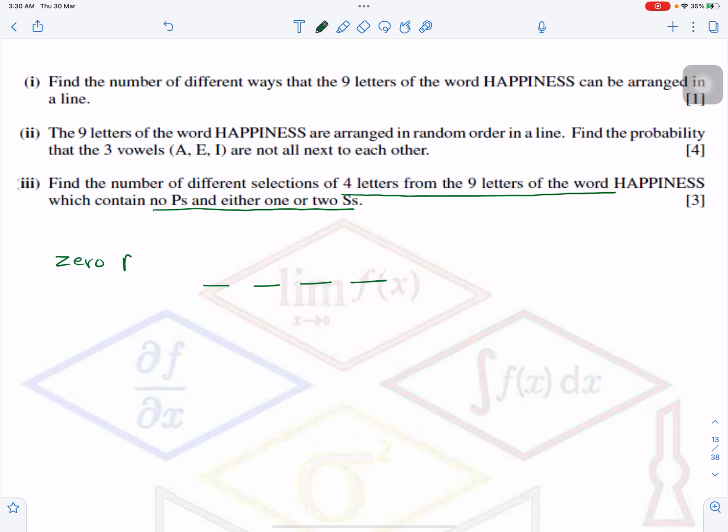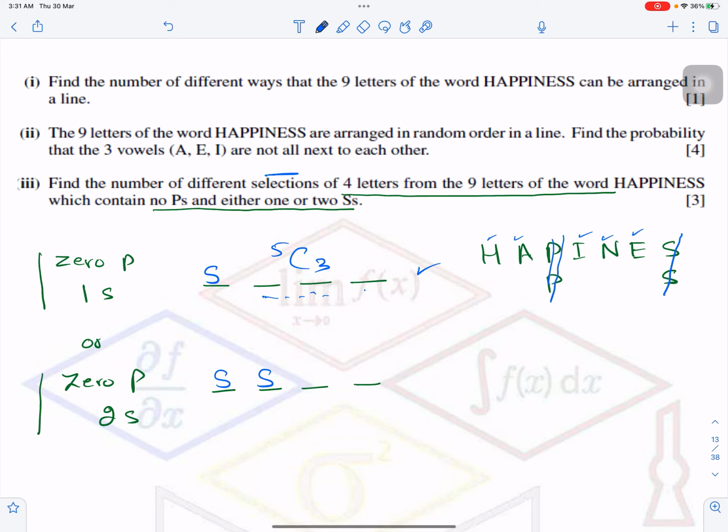Okay, so now 0 P's means P's are out. So 1 S is selected in one case and 2 S's are selected in the other. Now the remaining S's are also gone. So let's consider the first case. How many letters are left? 1, 2, 3, 4, 5. And how many do I have to select? 3 in this case. So I will write 5C3, because it is a selection, order doesn't matter. 5C3 is 10.